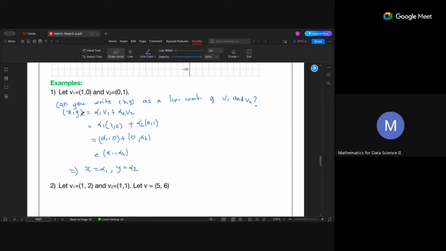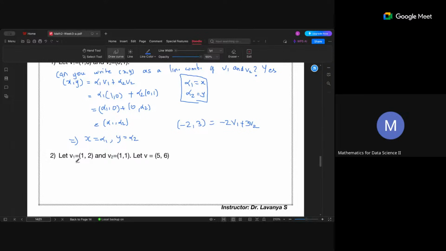So yes, you can write (x, y) as a linear combination where alpha 1 is equal to x and alpha 2 is equal to y. For example, if I take (-2, 3), then I can write (-2, 3) as -2 times v1 plus 3 times v2.